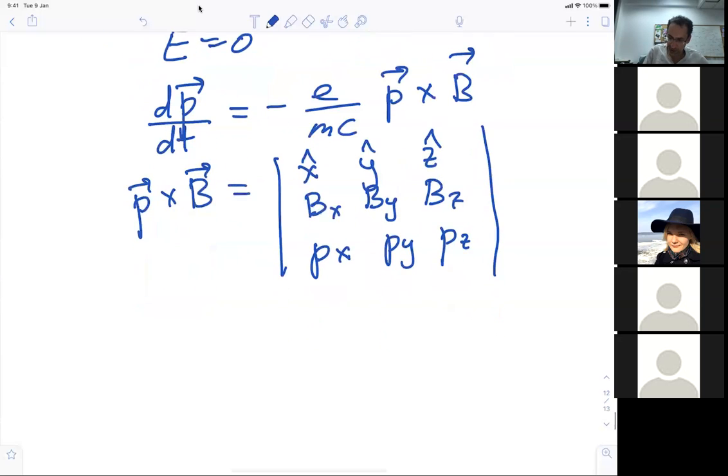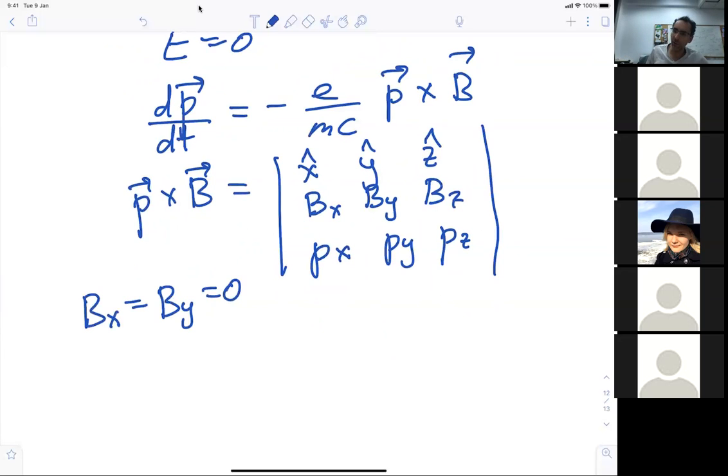Now we decided that Bx is equal to By is equal to 0 because it's a two-dimensional metallic film, and magnetic field is applied in z direction, so there is no x and y component. Moreover, since it's a two-dimensional film, there are only x and y components of the velocity, so pz is equal to 0.